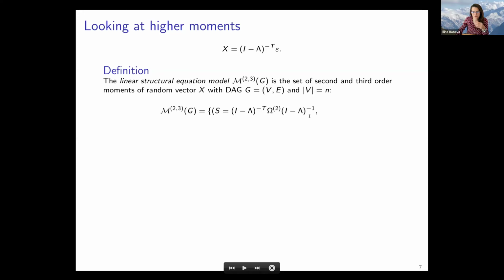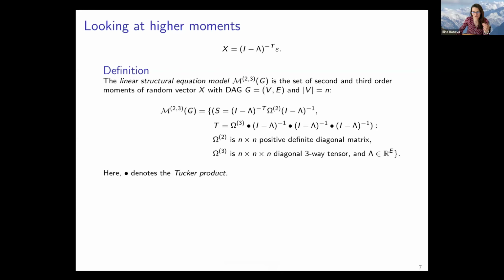That's the covariance. And the third order moment is going to be very similar, where you take the third order moment of epsilon and you multiply it by I minus lambda inverse transpose along all three sides, because it's a three-way tensor now, it's not just a matrix. And this is the notation for this. This is Tucker product. But this is what it means.